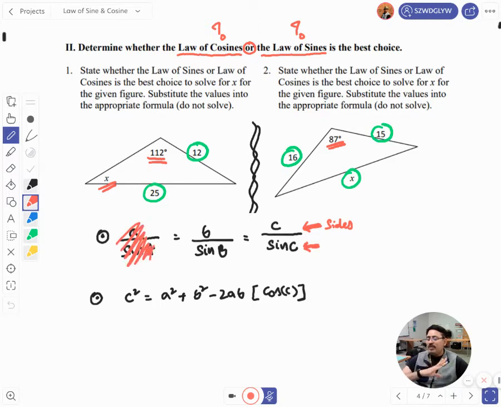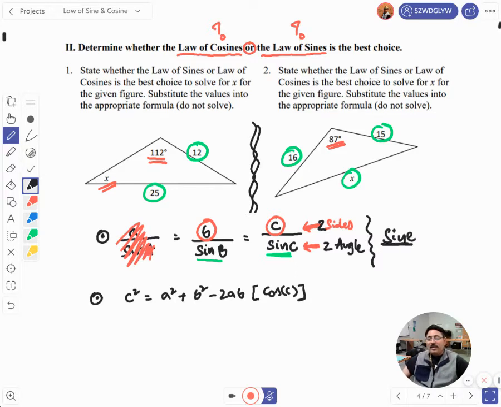Then I see that two sides are there, two sides and two angles. Does it make sense? So if I take the sine rule, then it's two sides and two angles, right? So if you are given a question with two sides and two angles, then you have to take the sine rule.